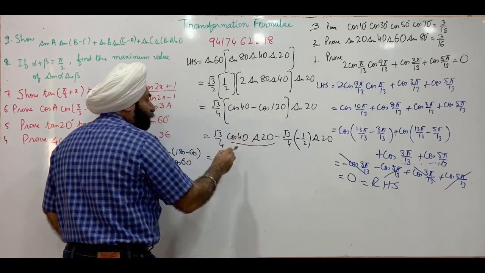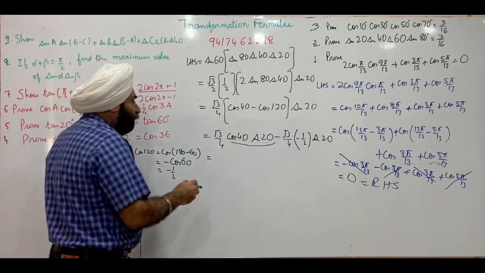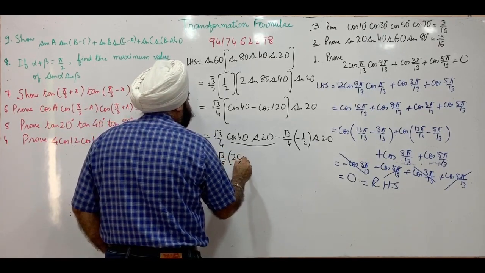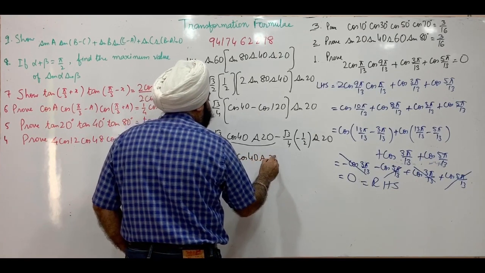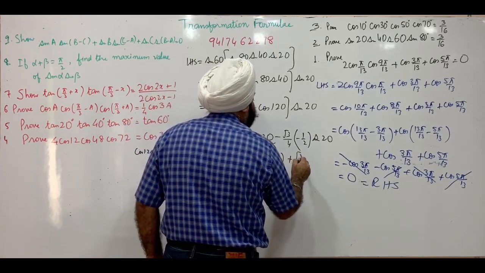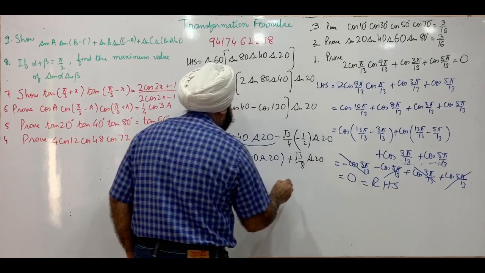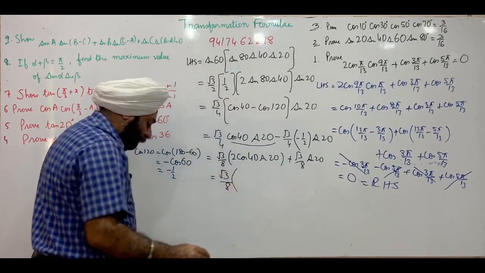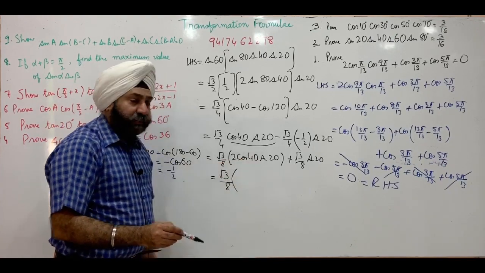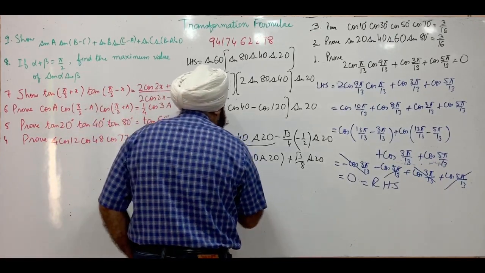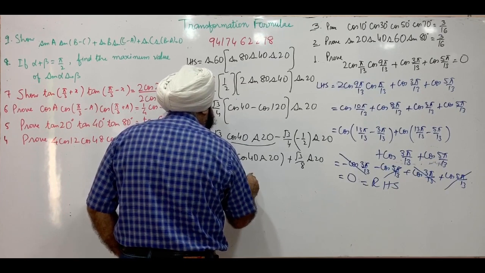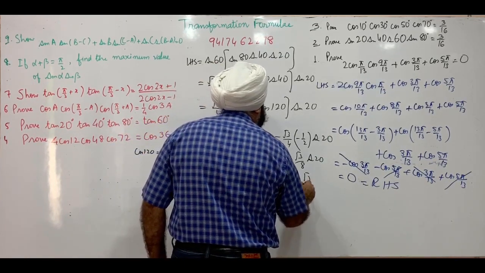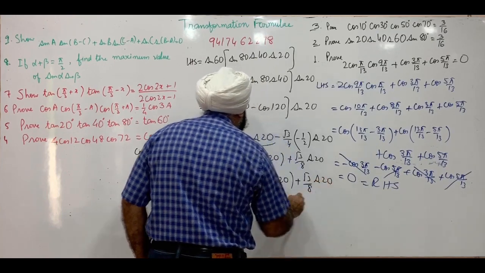This is product of cos and sine divided by 2. This is root 3 by 8 multiplied by 2, 2 cos 40 into sine of 20, plus root 3 by 8 into sine of 20. Now 2 cos A sine B is equal to sine of A plus B minus sine of A minus B. Root 3 by 8 into sine of 20.